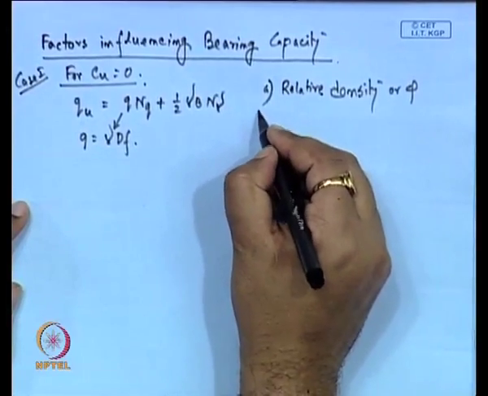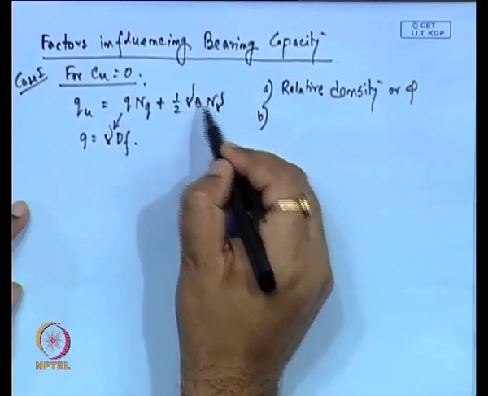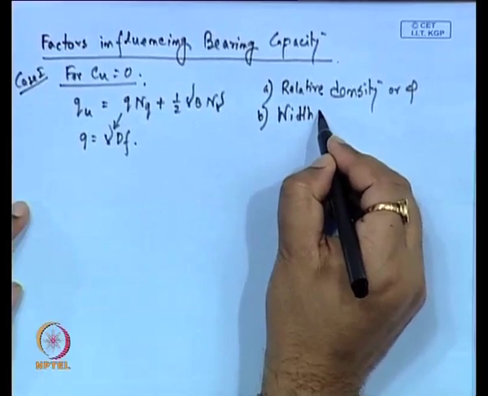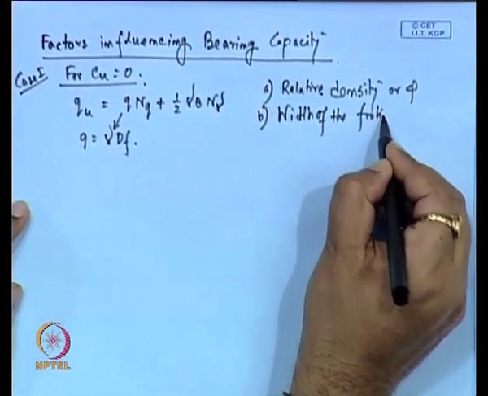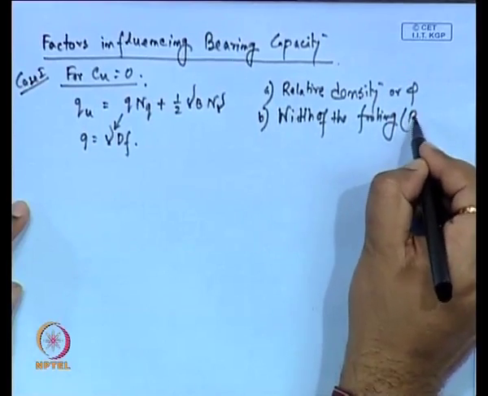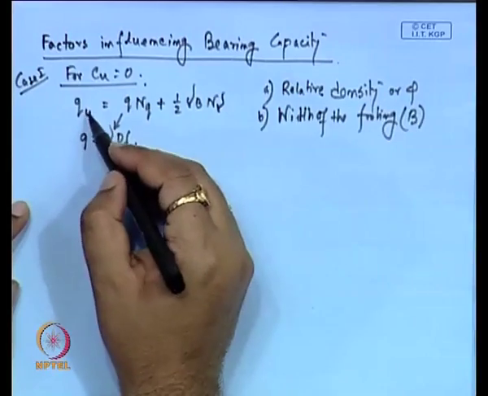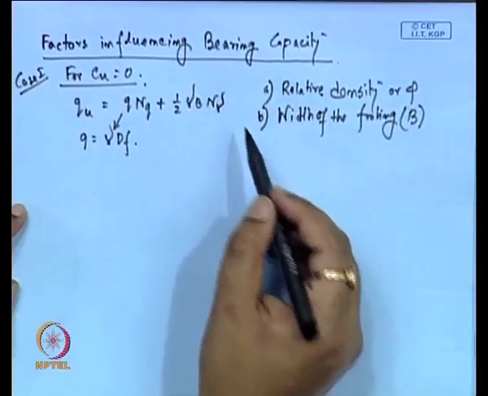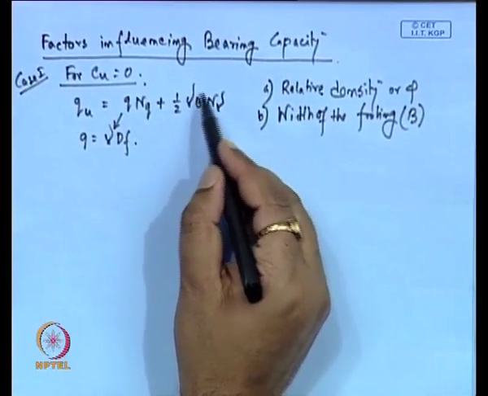Now, the next one: the B term is present there, so the width of the footing, that is B. B also influences the bearing capacity of the soils.